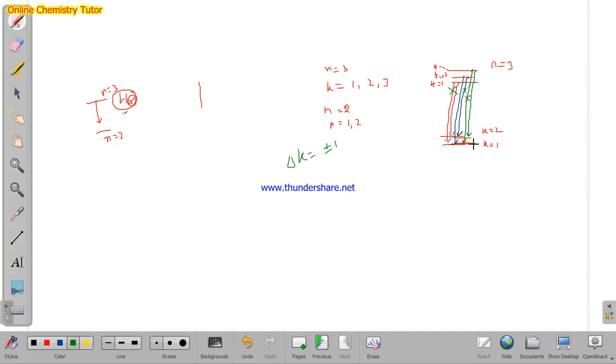So there are 3 allowed transitions, so it will show us 3 fine structure lines. The H alpha line is composed of 3 different lines due to this cause, and thus the fine structure of the atom is discussed.